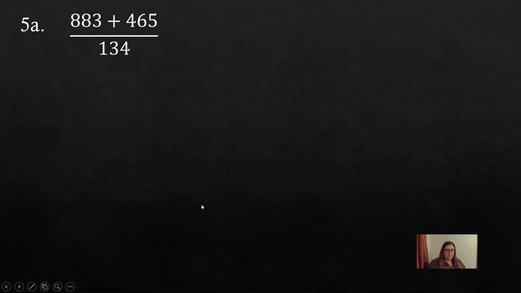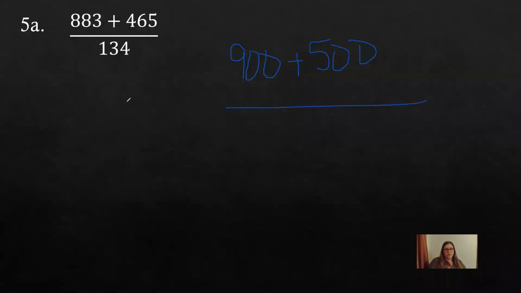Okay. Now these are interesting. So in this, you're just going to round. So you have 883, so you're going to round to 900 plus 500 over 100.